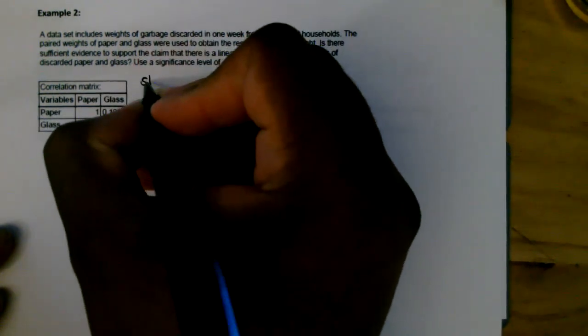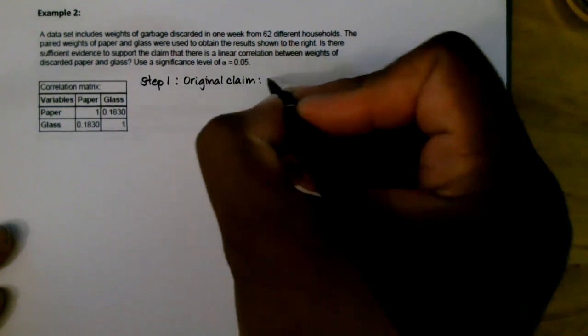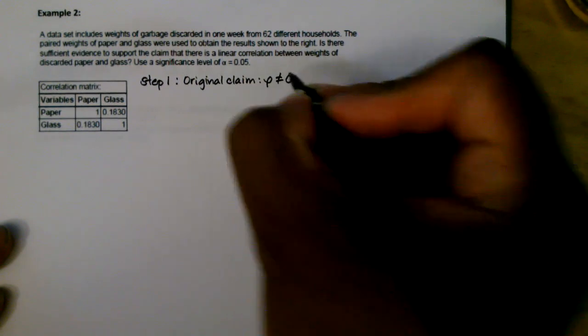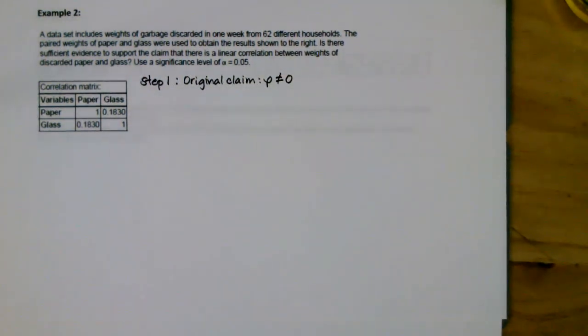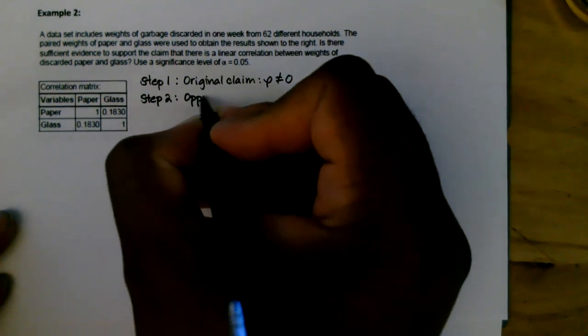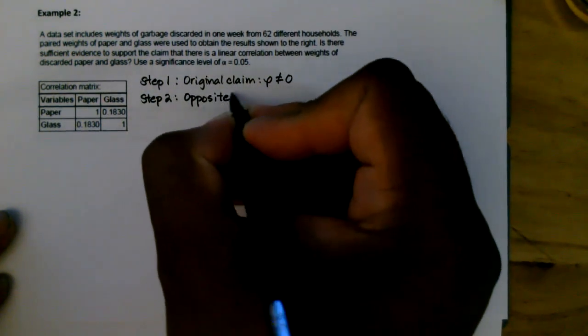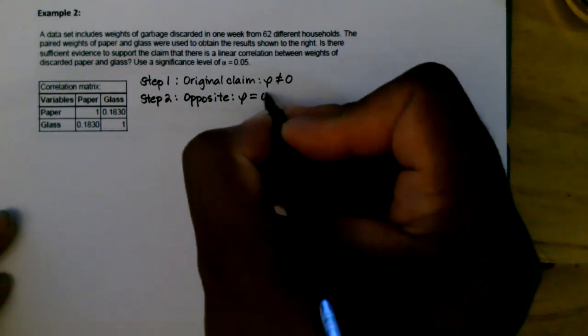If we were to go through that 8-step procedure, then step number 1, which is your original claim, is of course rho is not equal to 0, meaning that there is a linear correlation between the two. Step number 2 is the opposite: rho equal to 0 means that there is no linear correlation.